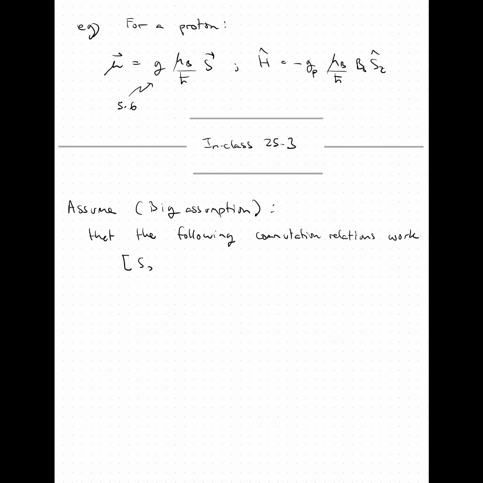These are the same ones we did before, but instead of L, we replace them with S. So the commutation relation of Sx and Sy is i h bar Sz. And then the others follow from last time.